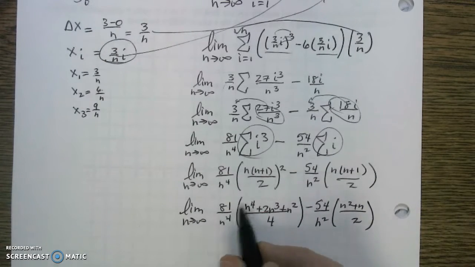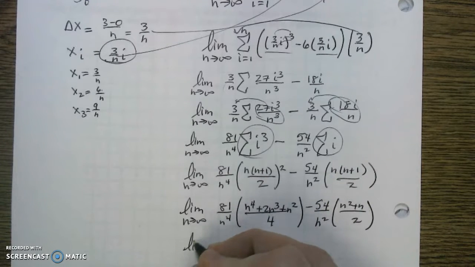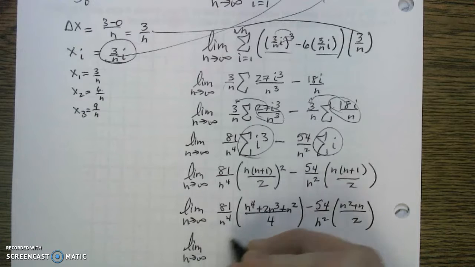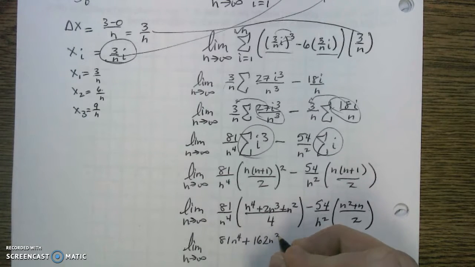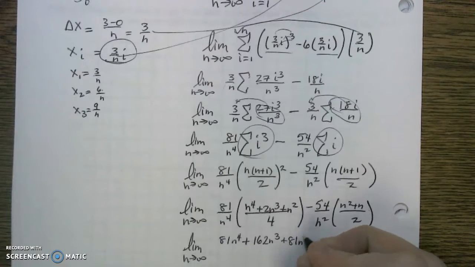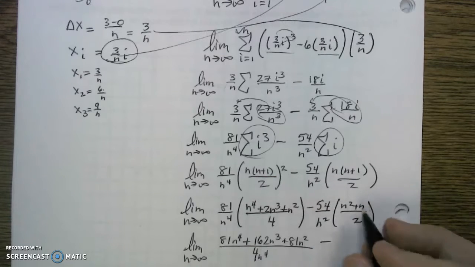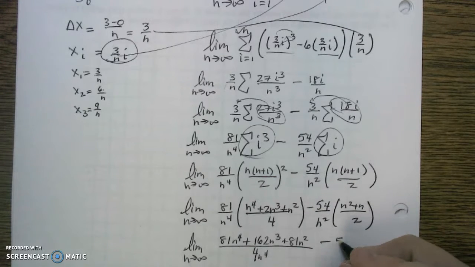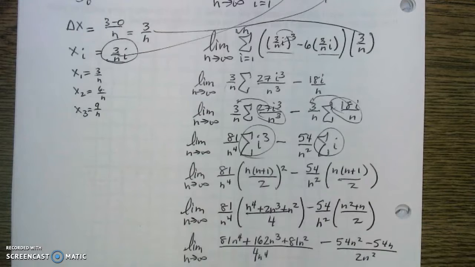And then we're going to distribute 81 and distribute negative 54 and multiply the bottom. So you get 81 n to the fourth plus 162 n cubed plus 81 n squared over 4n to the fourth, minus, distribute your 54, so negative 54 n squared minus 54 n over 2n squared.